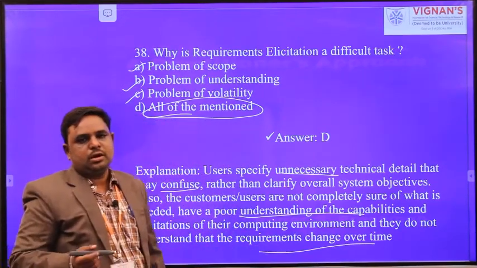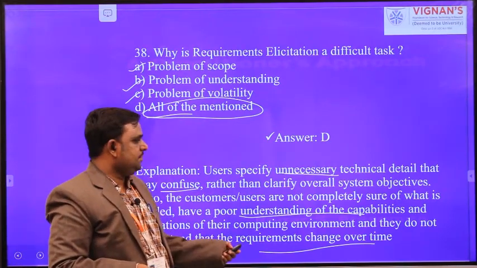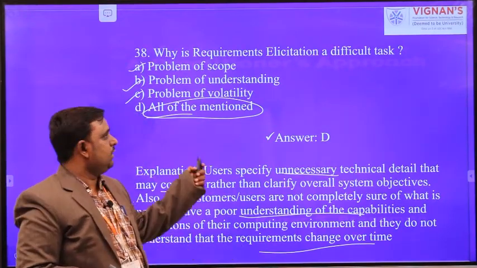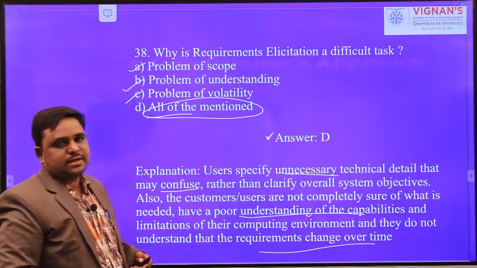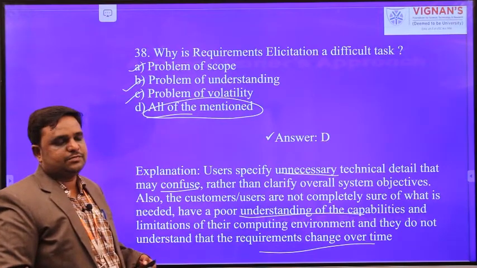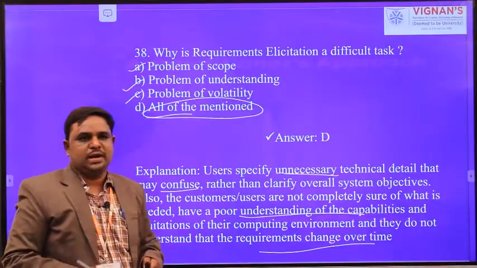These are the difficult tasks when we gather requirements in requirements elicitation. So all these three options are correct: problem of scope, problem of understanding, and problem of volatility.